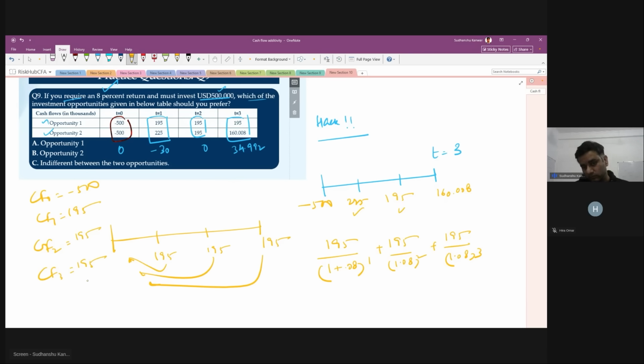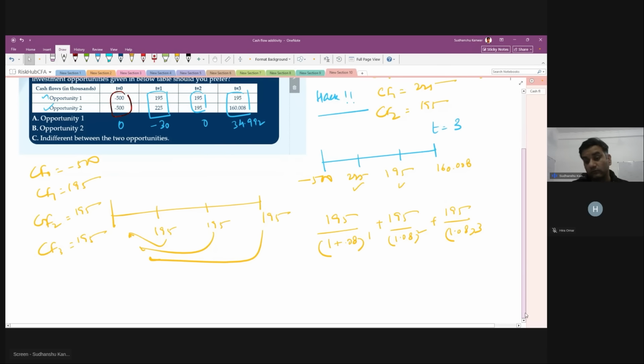I'm just trying to put it because here also I'm writing the same formula now. CF naught is equal to minus 500, CF1 is equal to 225, CF2 is equal to 195, CF3 is equal to 160.008. Right, so you can do it like this. Just take it as homework, practice if you can solve it.